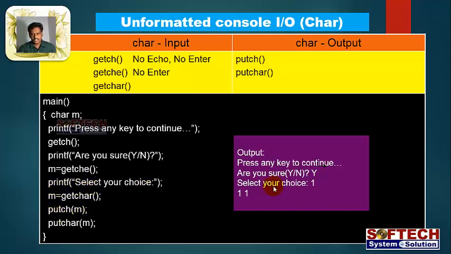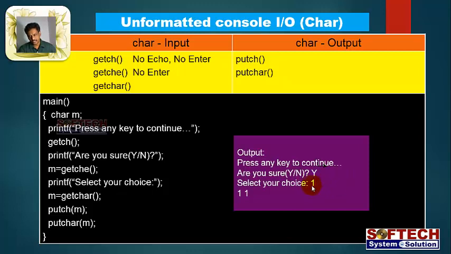The next one is select your choice. The cursor is waiting to accept the character, then we press a character, then we want to press the enter key to indicate the end of the input. So it displays on the screen, then we want to press the enter key.